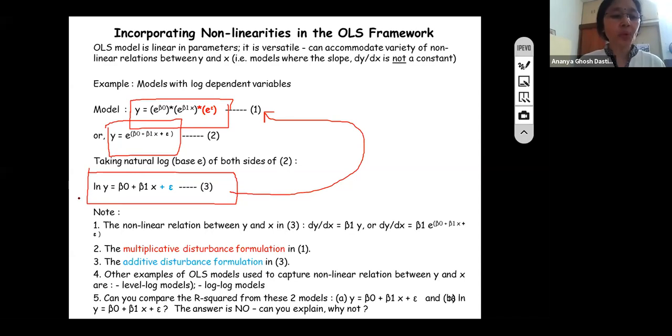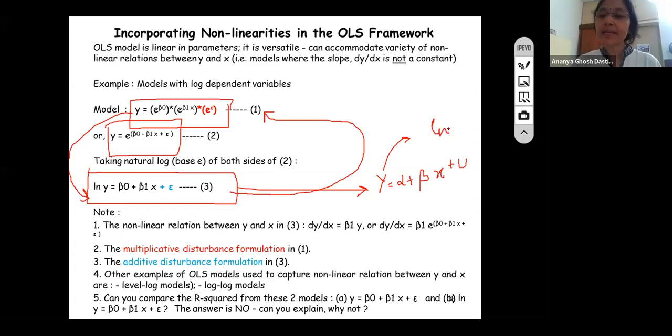So now we just put it into the framework that y is equal to alpha plus beta x plus u, where what is my capital Y? My capital Y is basically nothing but log of small y, where small y is my dependent variable.